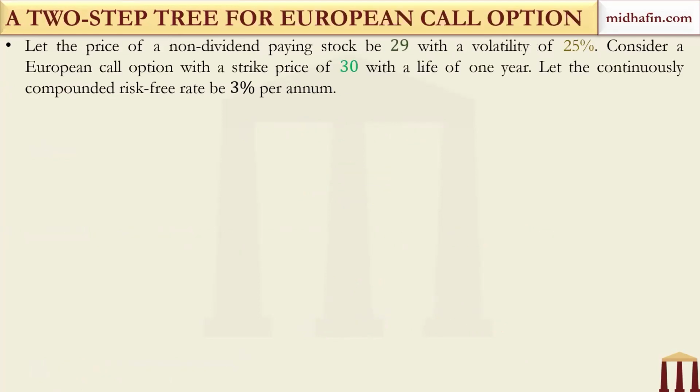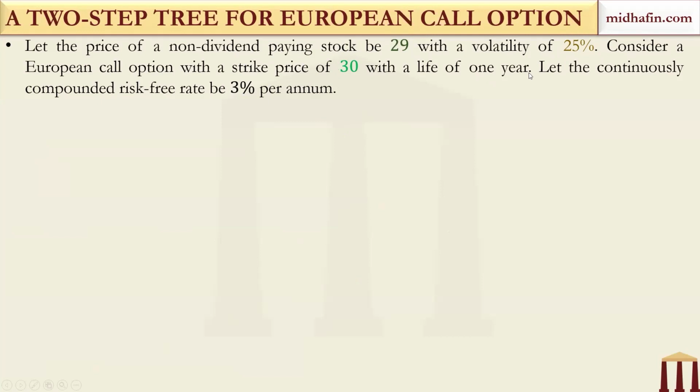Now, let's see an example and understand how option pricing is done. For the sake of convenience, we have taken a non-dividend paying stock, currently priced at 29. It has an annual volatility of 25%. We want to find the value of a European call option on this asset, which has a strike price of 30 and a life of 1 year.